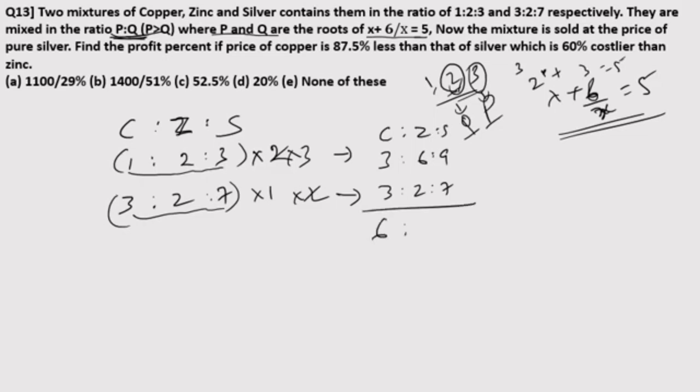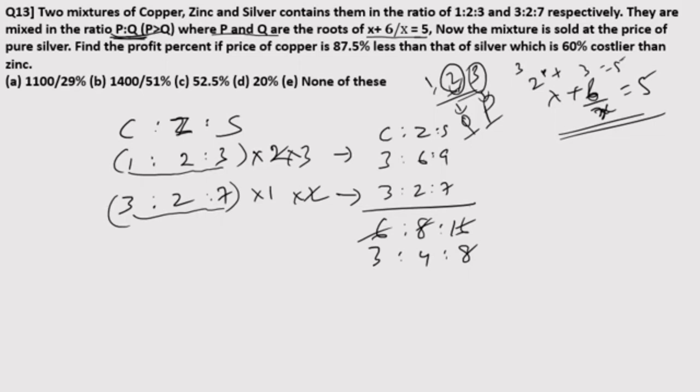This is 6:8:16. Now let me just simplify this a bit. This is coming out to be 3:4:8. Fine. This is the ratio of quantities of copper, zinc and silver.